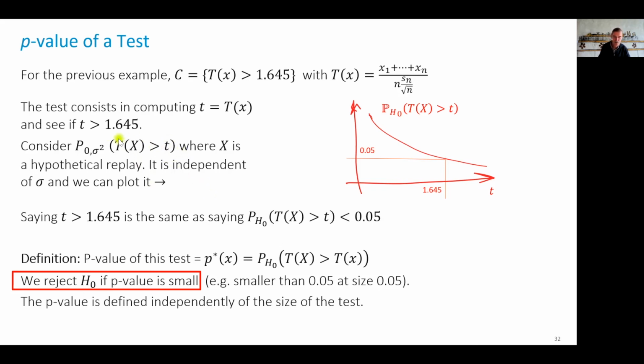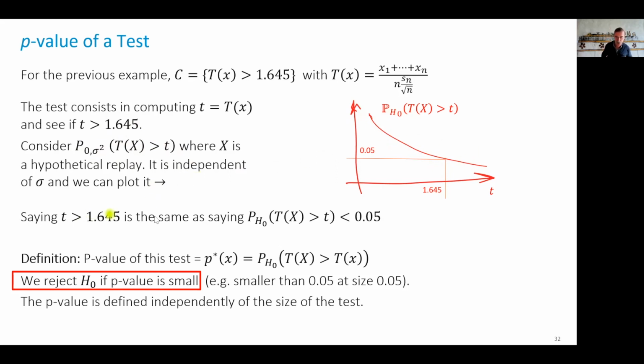Now, because T of X is a pivot, we can compute this probability even if we don't know sigma squared. So I can plot it: it's 1 minus the CDF of a standard Gaussian distribution. So we'll have a curve like this, it goes to 0 when T goes to infinity, so it's a decreasing function.